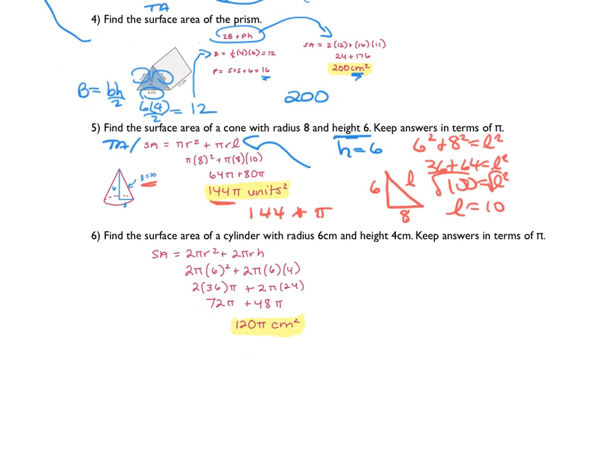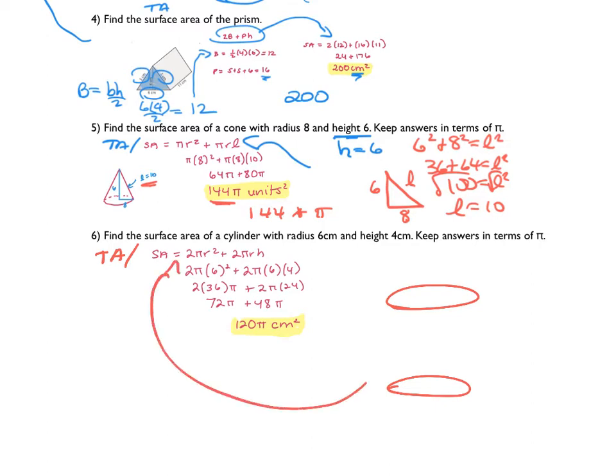All right, now the next one is surface area of a cylinder, or again, think of it as total area. When we have a cylinder, we have a circle top and a circle bottom. So that's the 2 pi r squared. And then you have the lateral area, which is the 2 pi r h.